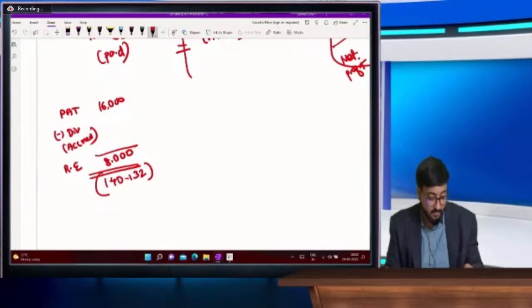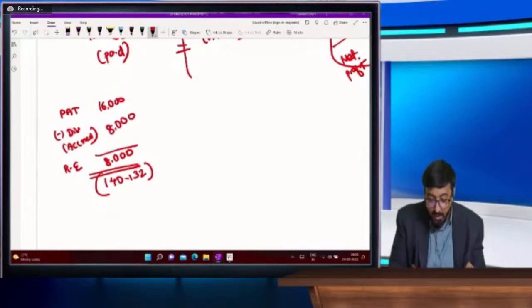It means during the year, dividend accrued is 8,000.